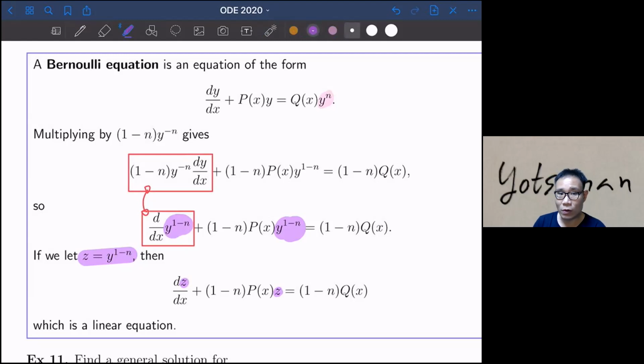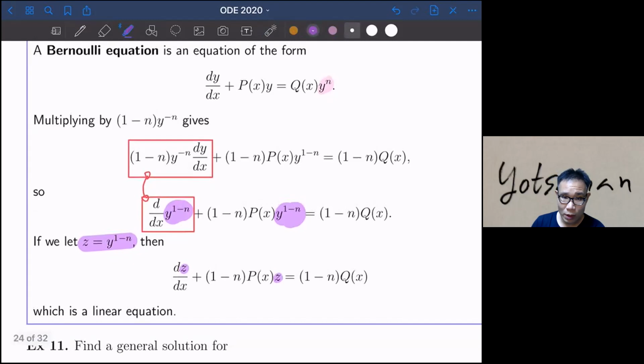So let me conclude first that the way to solve a Bernoulli equation is you identify n, and you let z equal to y to the 1 minus n, and you convert from this equation to this equation, and this guy turns out to be a linear equation.